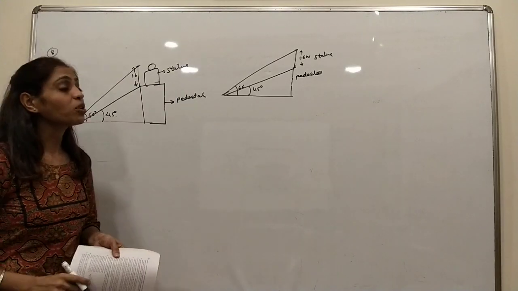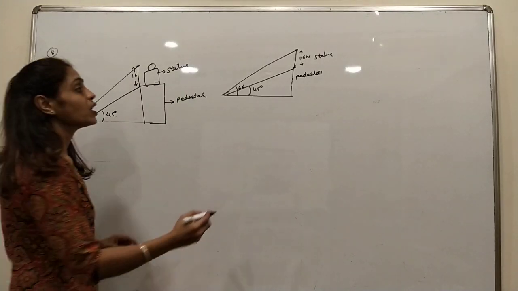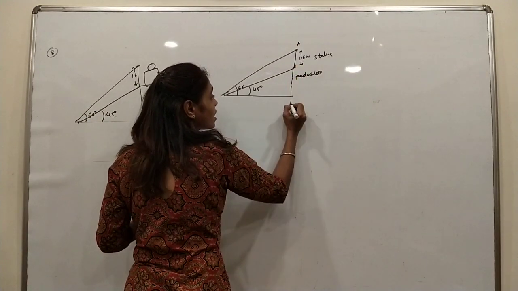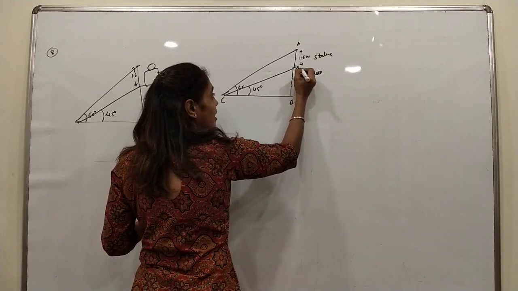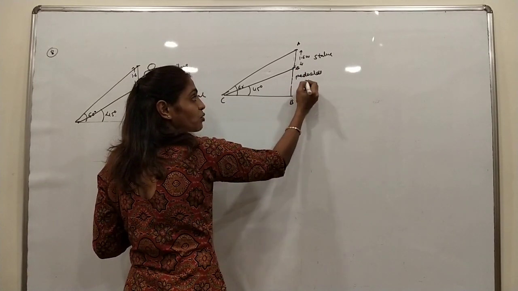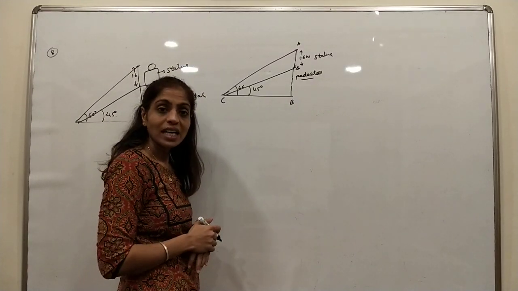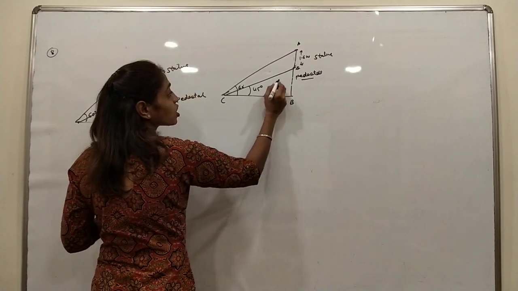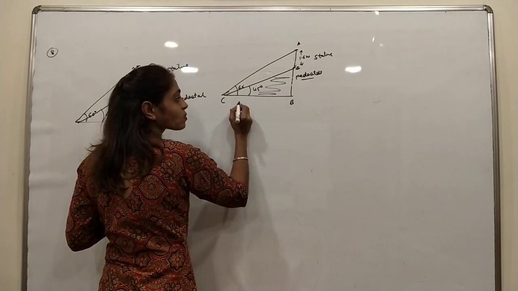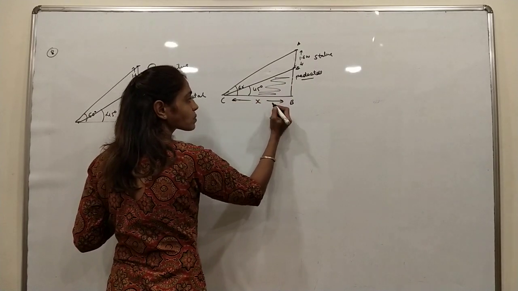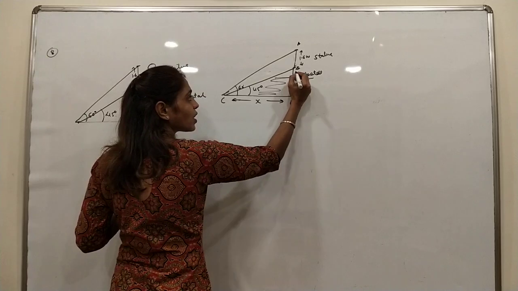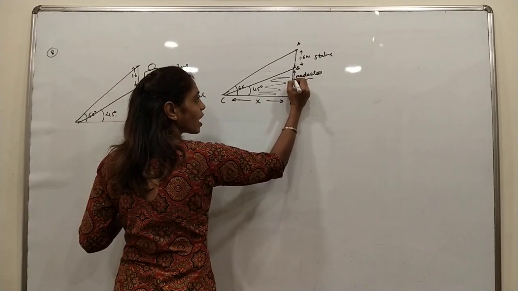Then find the height of the pedestal. Take the points A, B, C and D; you want to find BD, the height of the pedestal. Wherever the angle is, take that triangle. Take x, y, and h as the height of the pedestal.